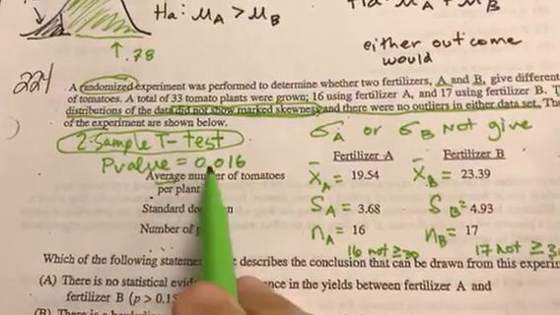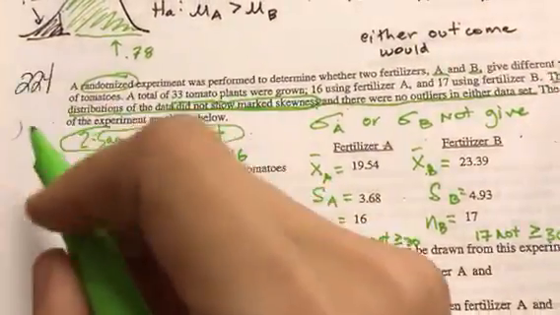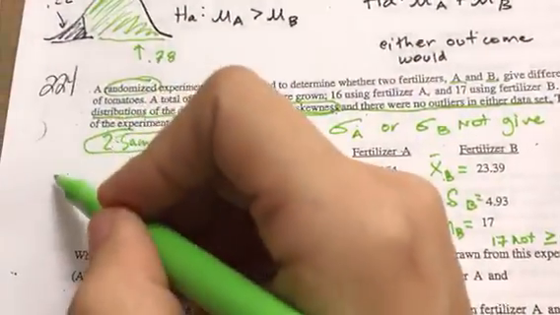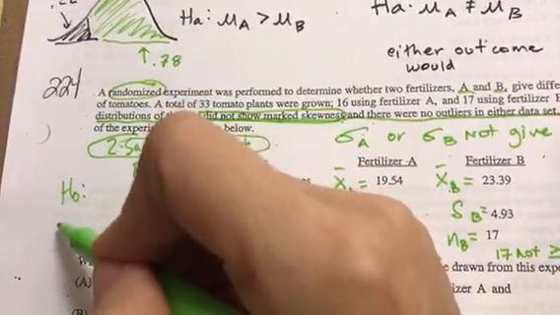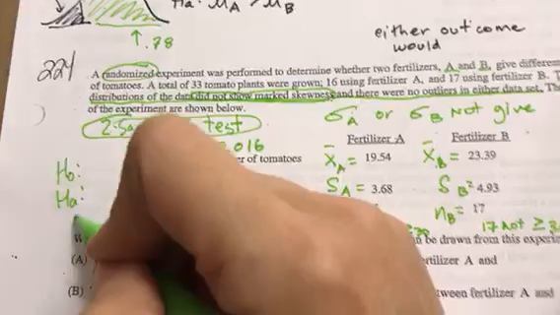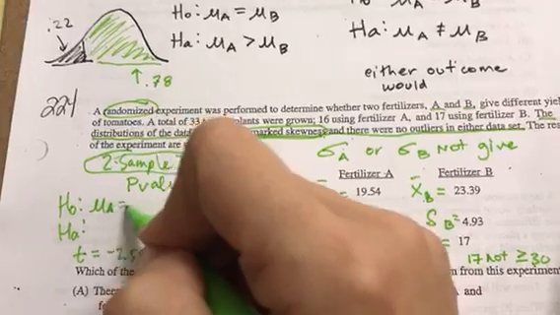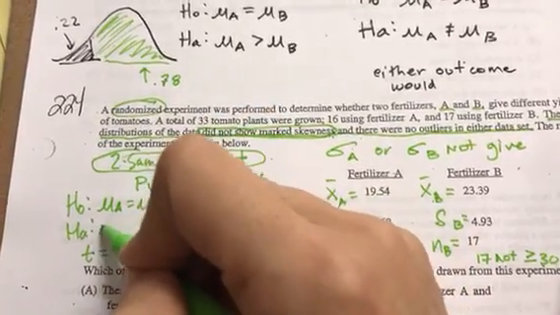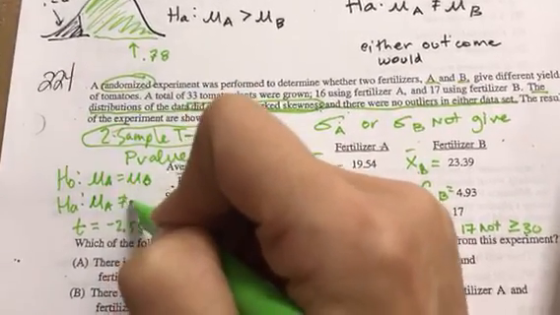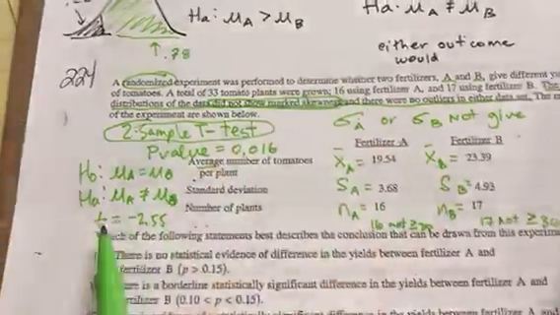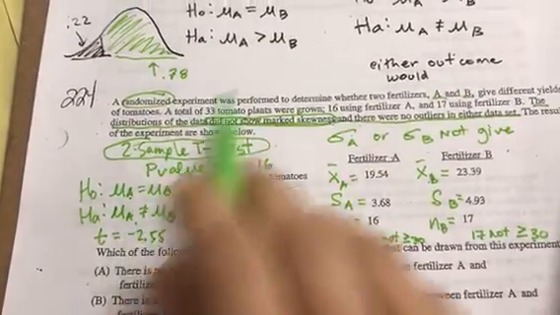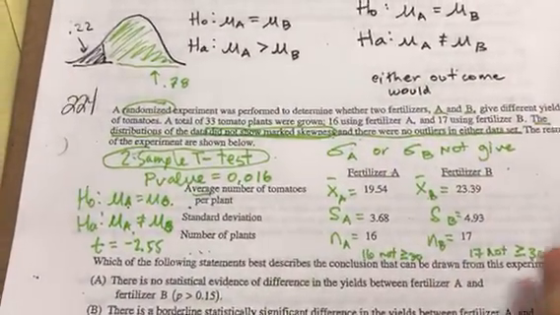My p-value was 0.016. If this was a free response question, you would have, of course, put your H sub O and your H sub A and listed your t-value. H sub O is that they're the same. H sub A is that they are not the same. And you should define what each of these are in the question.